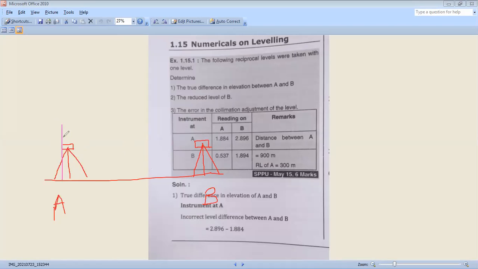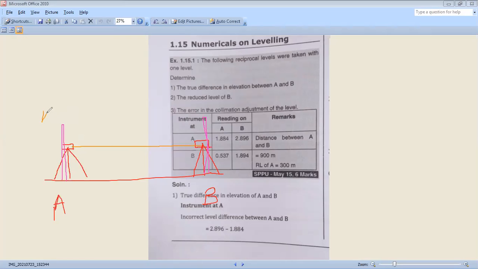This is your staff. And again, you are shifting your staff here. So now you are going to take the readings at these 2 points.